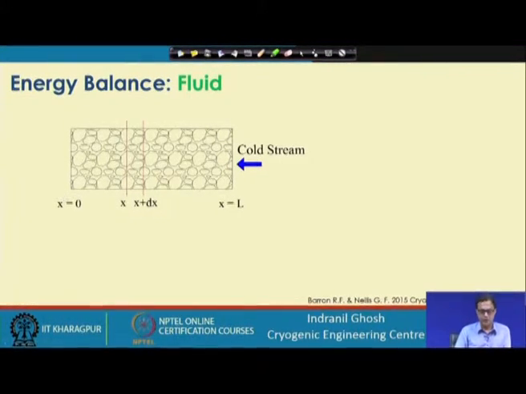So, as you can understand, the hot and cold streams alternately flow through this, and the direction is reverse in nature, counter current in nature.